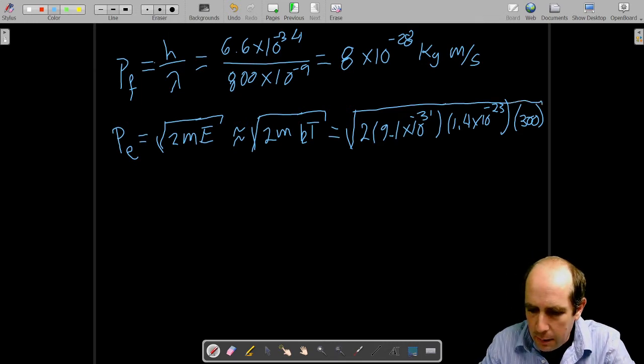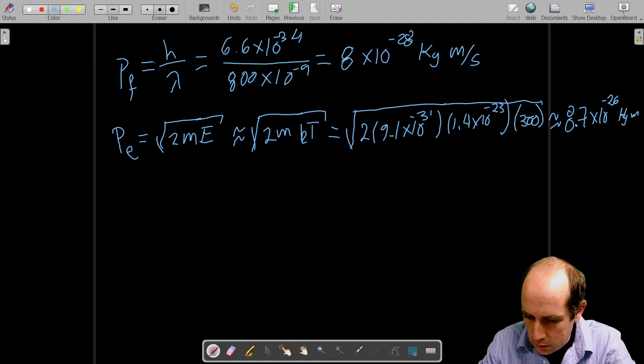This gives approximately 8.7 times 10 to the minus 26 kilograms meters per second.